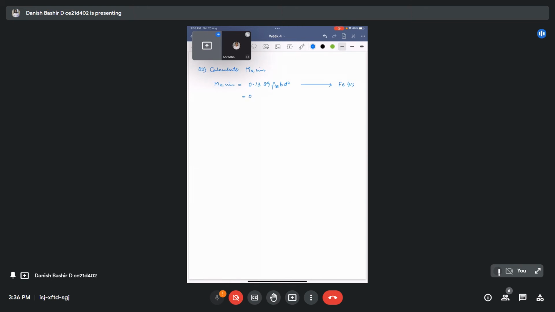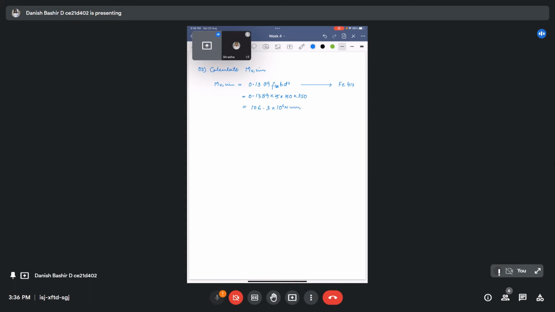So putting all the values: 0.1389, FCK 25, our B is 250, into D is 350. This comes out as 16.3 into 10 power 6 Newton mm.